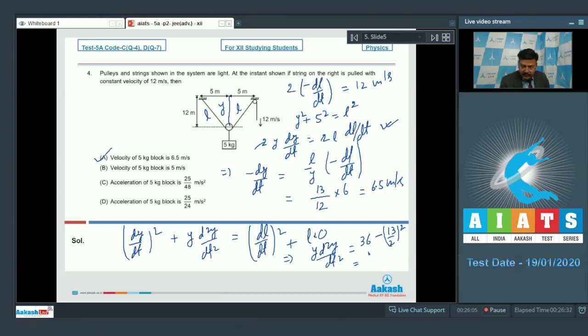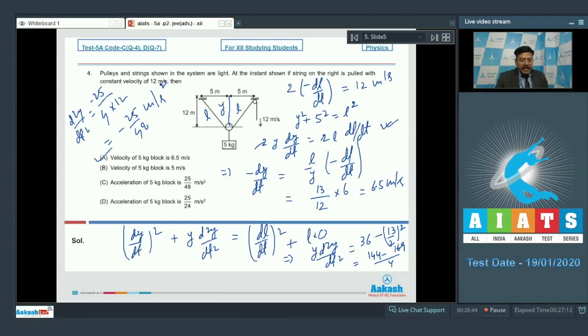So this is 144 minus 169 by 4, and so the value of d2y by dt square is equal to minus 25 by 4, and then we have to put the value of y, which is 12 at that instant. So this is coming out to be minus 25 by 48 meter per second square.